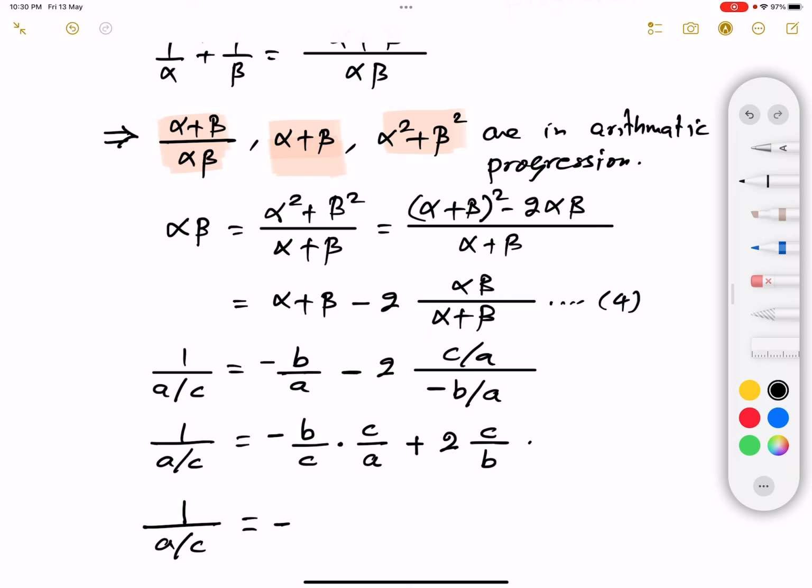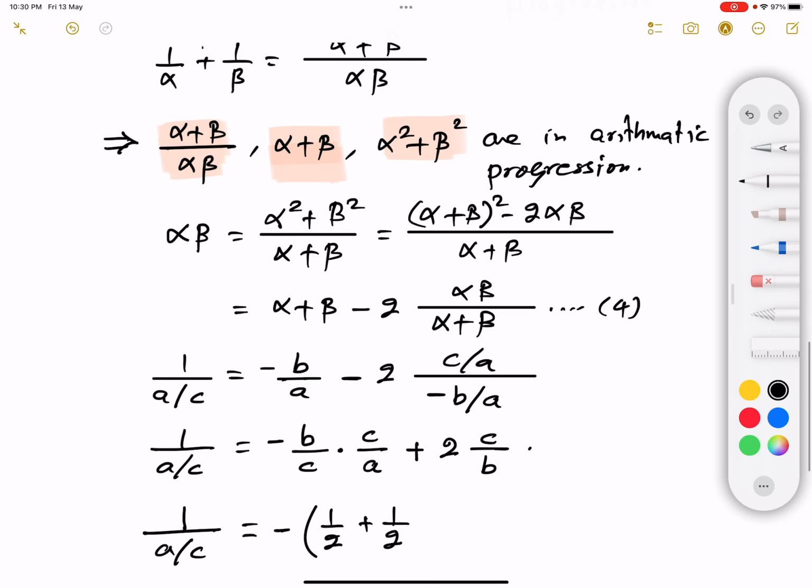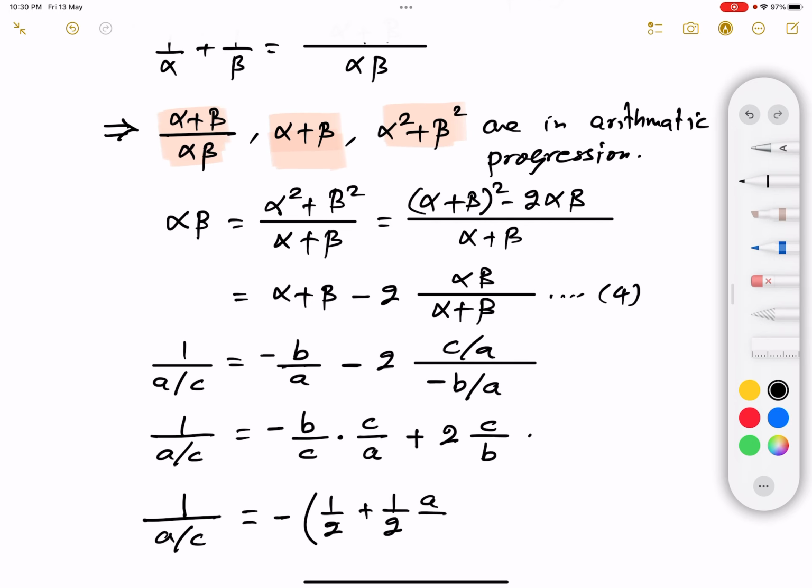So that's going to give us minus outside, and between two parentheses half plus half, and B over C is, yes, A over C.